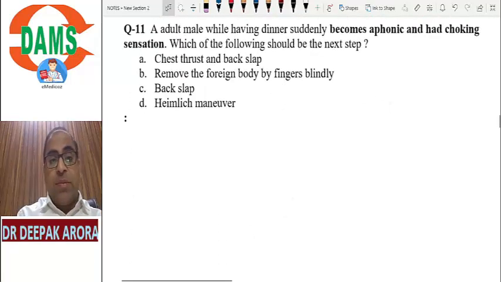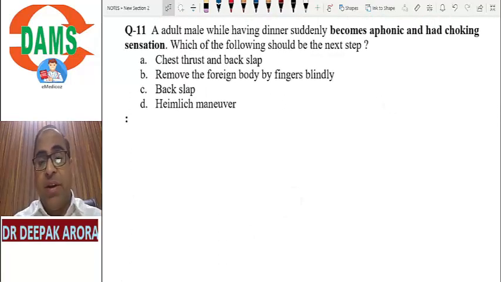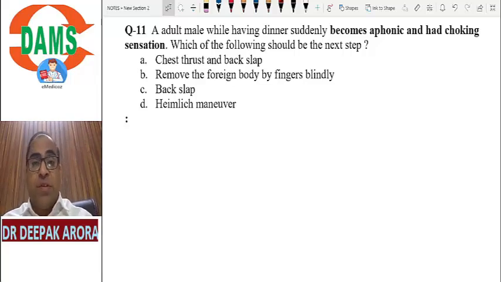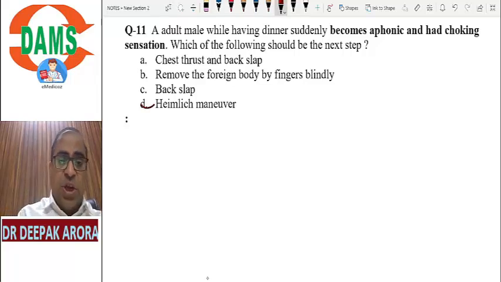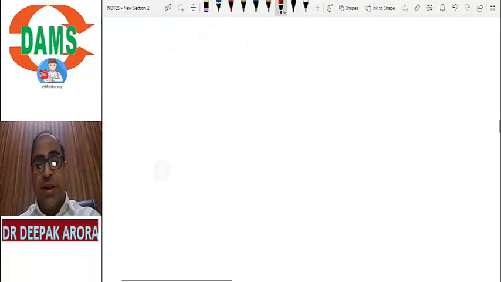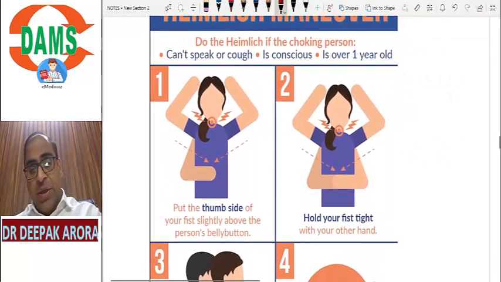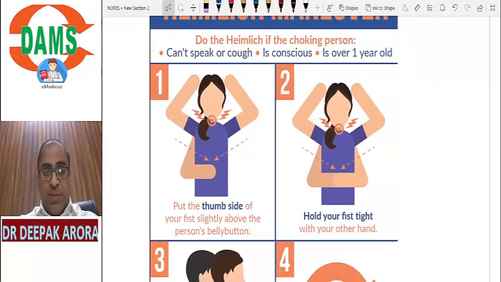Coming to the next: an adult male while having dinner suddenly becomes aphonic with a choking sensation. The patient is asking what the next step is. If the patient has a food bolus in the respiratory tract, the best is the Heimlich maneuver, option D. First we have to stand behind the patient.